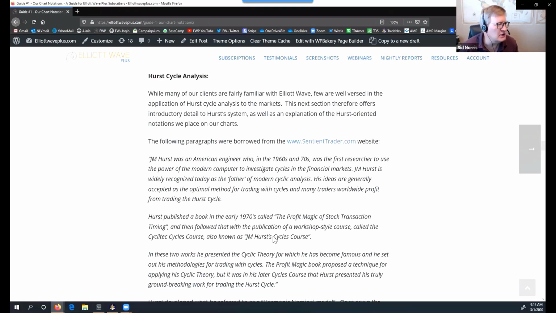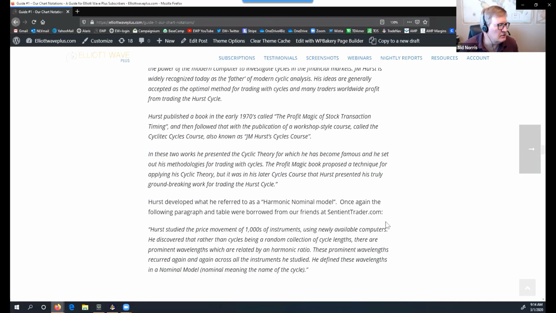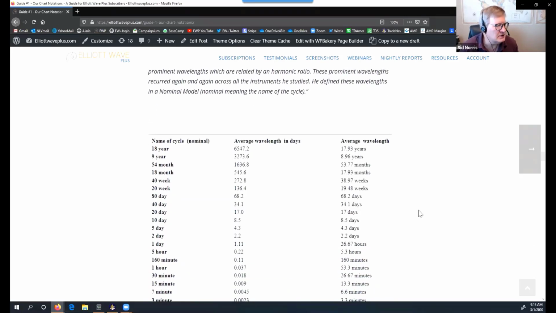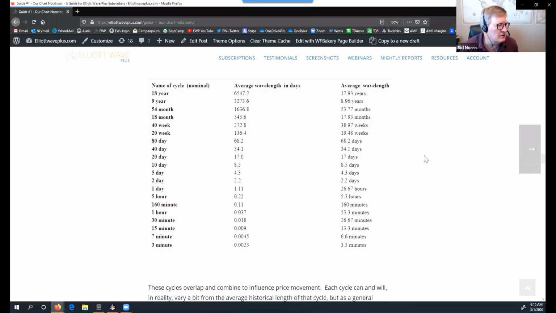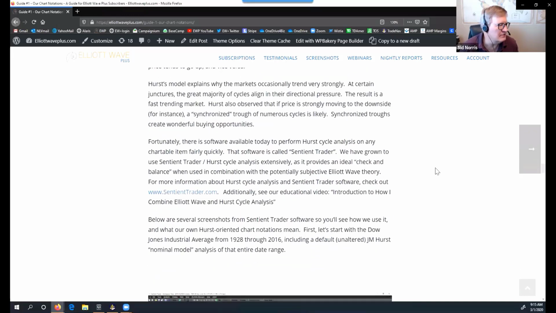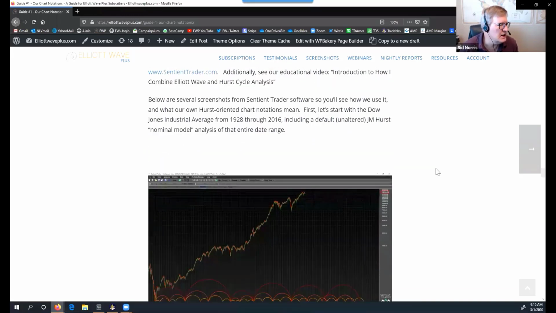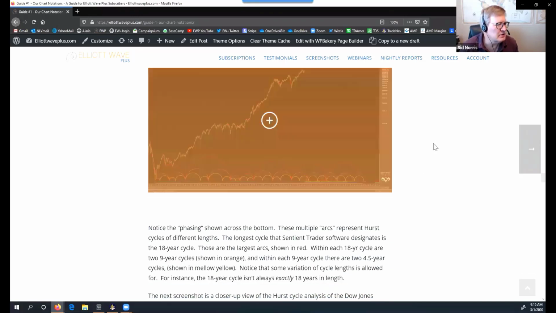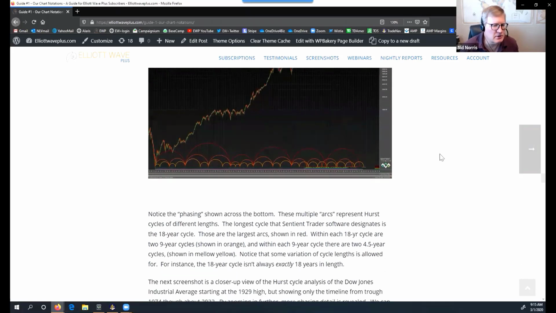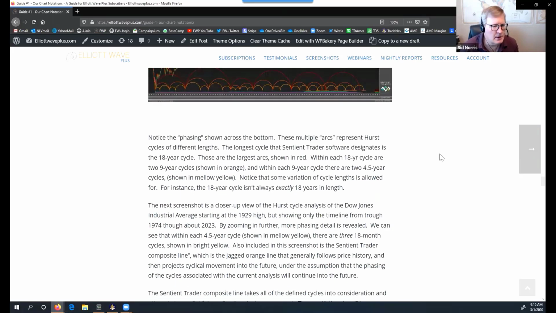And then there's a section about Hurst cycle analysis, where I give an introductory look so you can at least understand what's going on. It talks about the different cycles and how they work together, how they overlap and combine to influence price movement. There's an example, a screenshot of what an analysis looks like on Sentient Trader software, which I use.